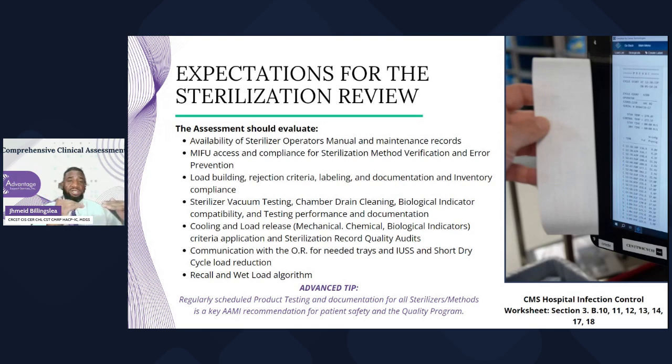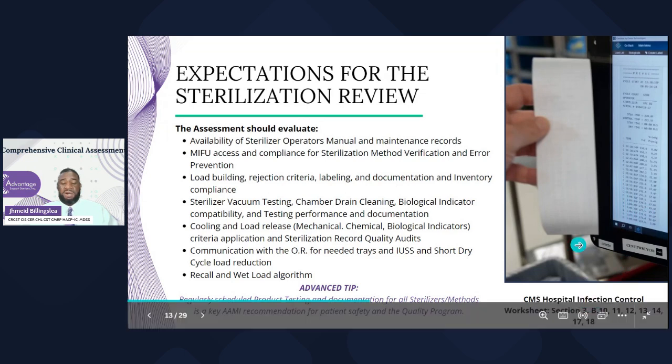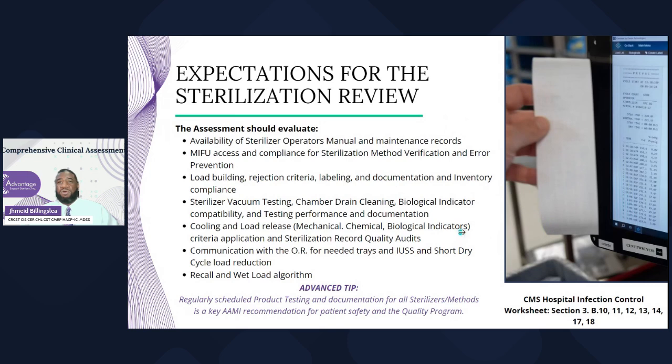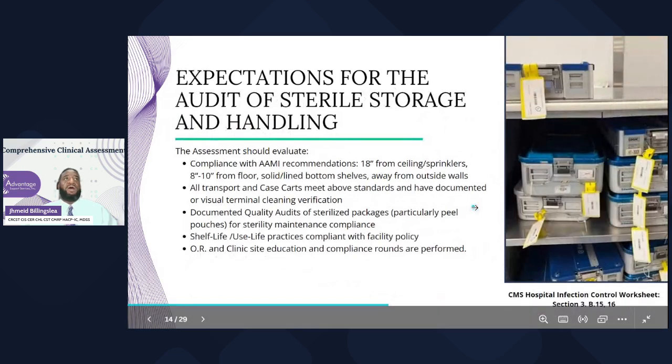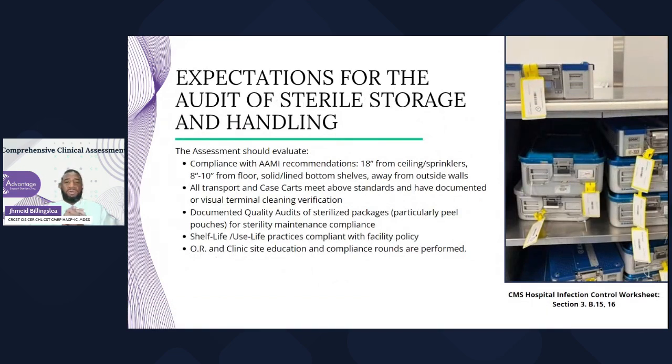It lays out how to do it in ST79 and ST58. That's why it's important to have ST79 and ST58. And then again, these are spelled out in the CMS infection control worksheets, section 3B, 10, 11, 12, 13, 14, 17, and 18.